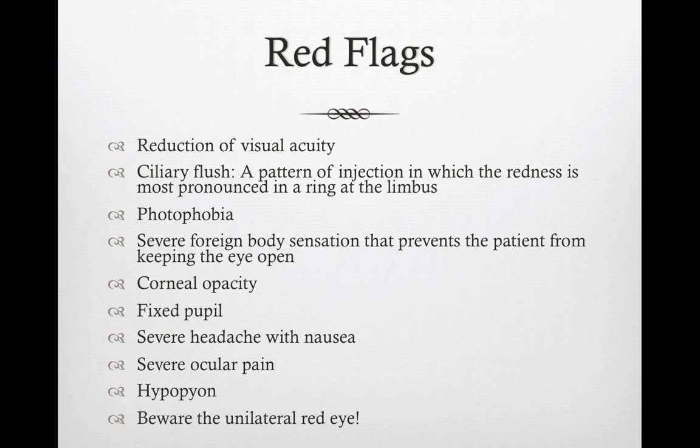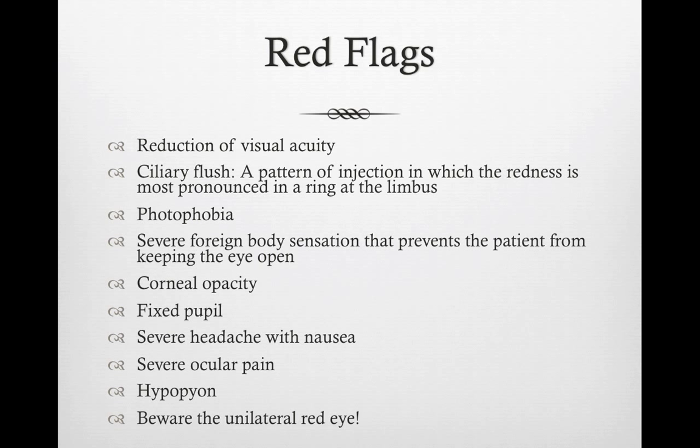So I've already mentioned a few of these red flags. So reduction in visual acuity is a really important one. A ciliary flush, so I've mentioned this one, a pattern of injection where there's redness most pronounced in a ring at the limbus, which is where the cornea meets the sclera. Sensitivity to light, foreign body sensation. Obviously, if the pupil's not reacting, that's quite a scary thing.